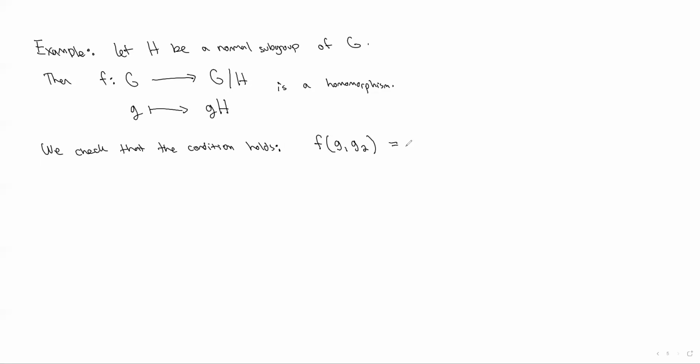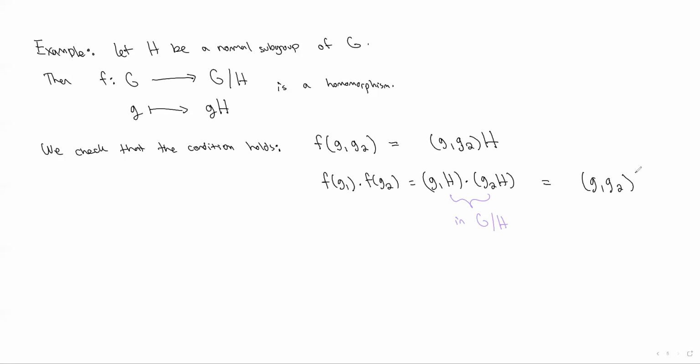So F of g1 g2 is going to be g1 g2 H, whereas F of g1 times F of g2 is g1H times g2H, and this is in G mod H, and that's just equal to g1 g2 H. And that's just the definition of multiplication in G mod H. So there's equality.